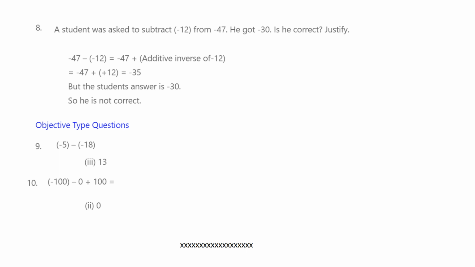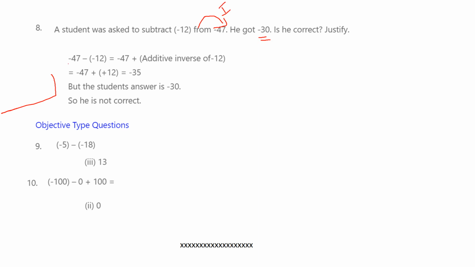Eighth one, a student was asked to subtract -12 from -47. He got -30. Is he correct? So we have to verify whether the answer is correct or wrong. So from -47, first we take the number we are subtracting from. So -47.